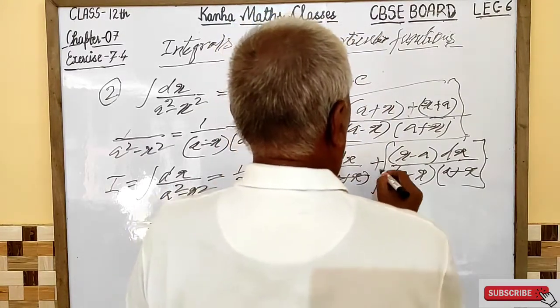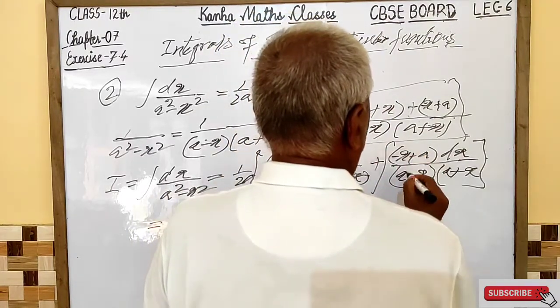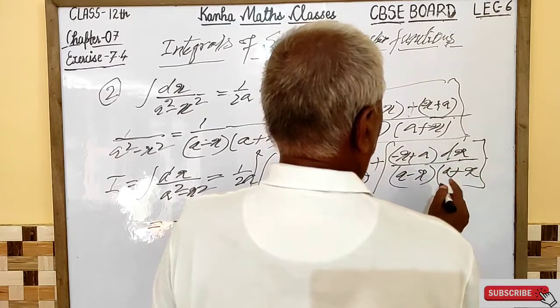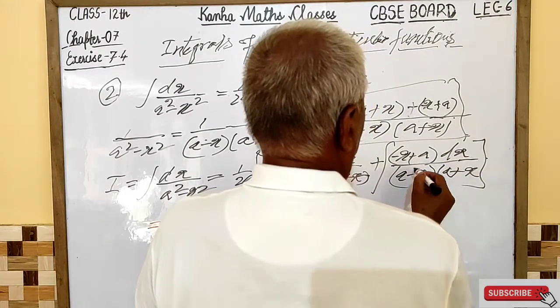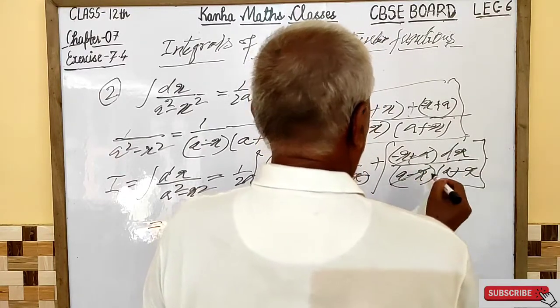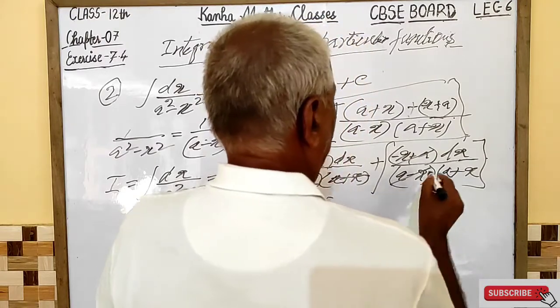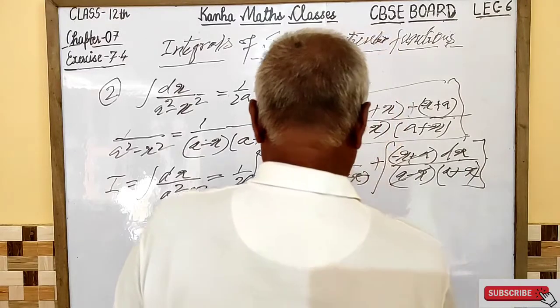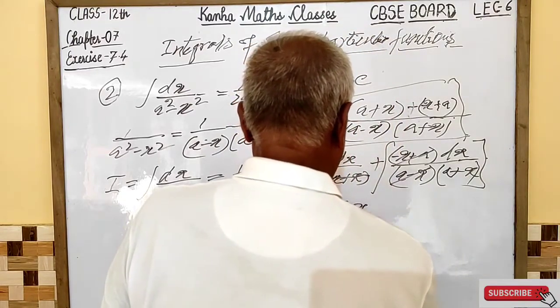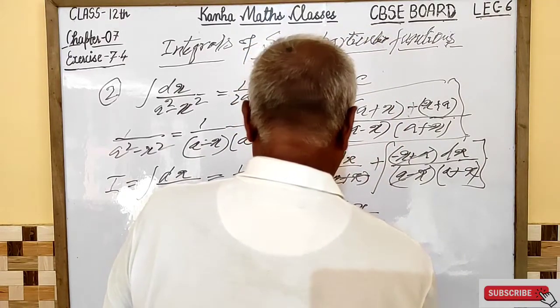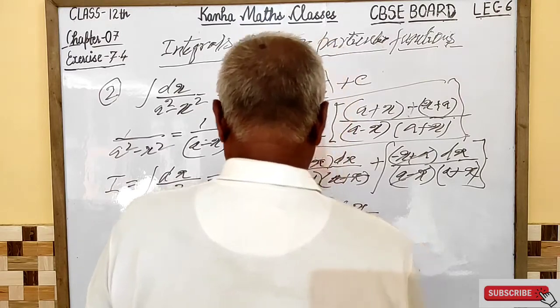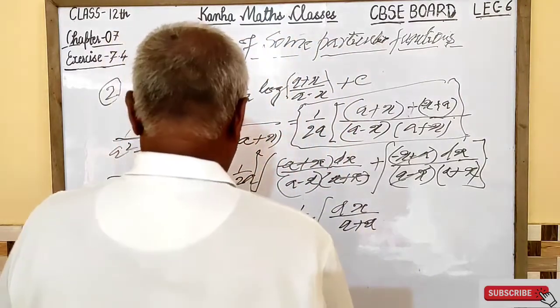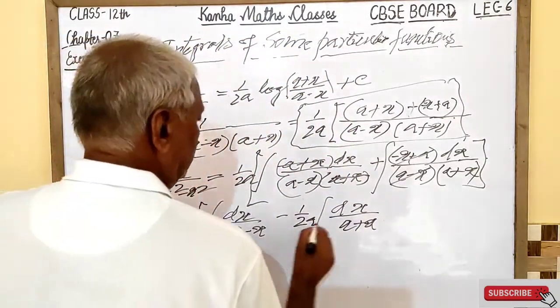Now a minus x dx, so this will be cancelled by this, and here we will have dx upon a plus x, dx upon a plus x, and this will be like this.